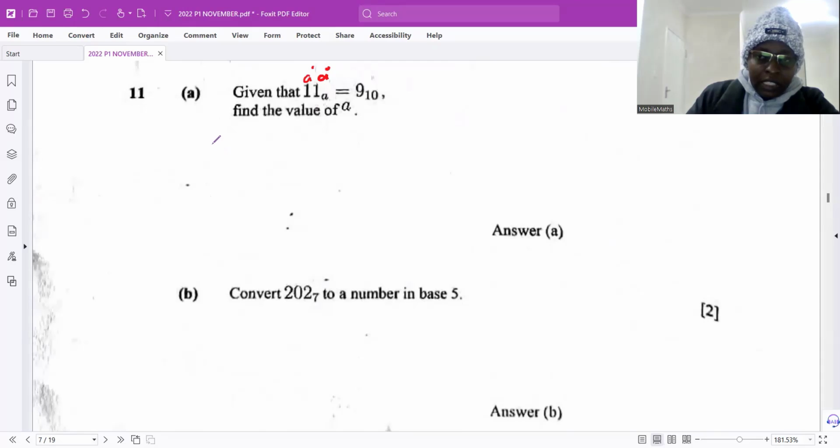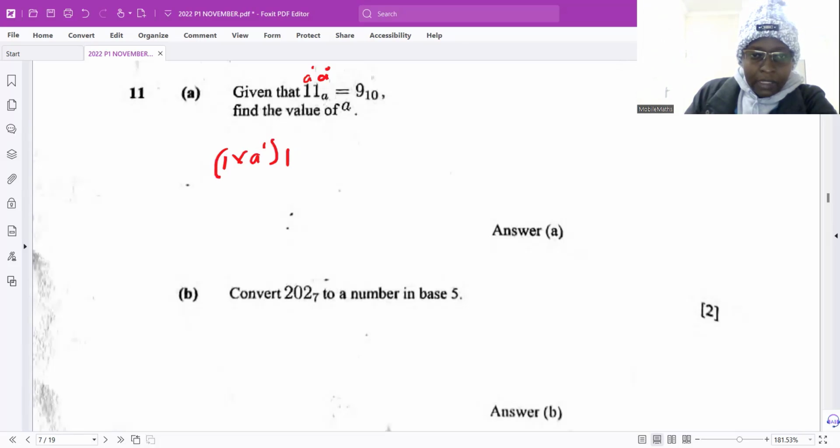So let's rewrite it, because we are trying to write 11 base A in terms of base 10. So this will be 1 times A to the power of 1, plus 1 times A to the power of 0, which is going to be equal to 9, because we are changing it to base 10.